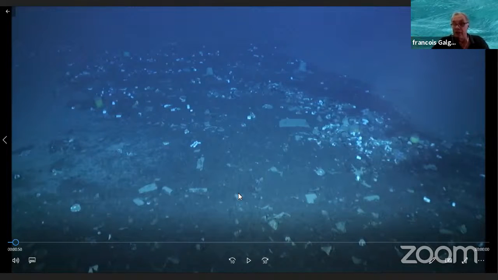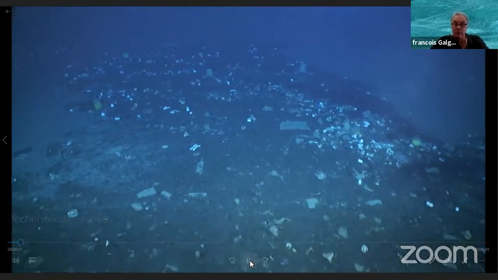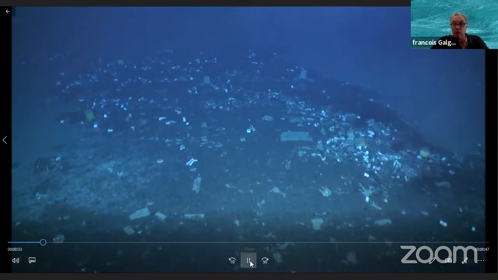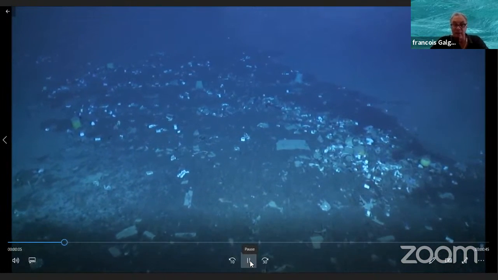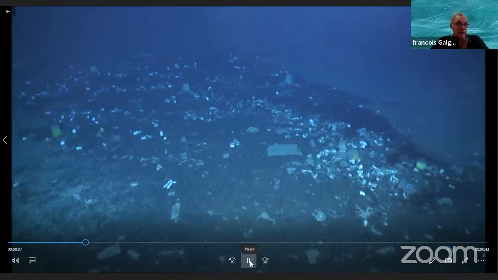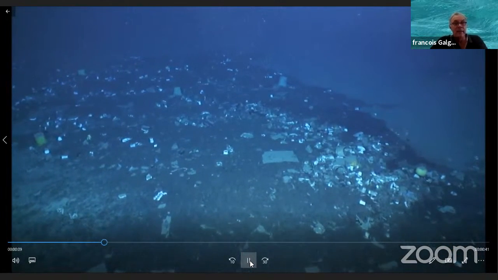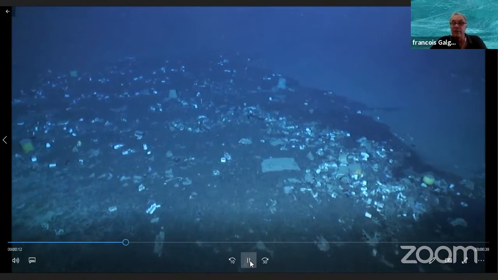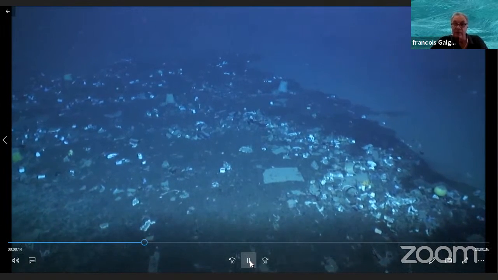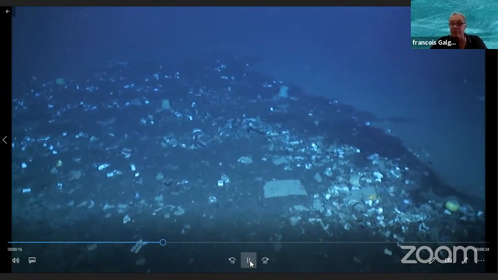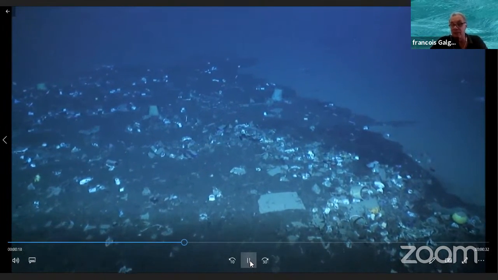It's not a large amount. But each time you have a hole, a wreck, any structure that may retain the litter, then that will be filled. And that's very impressive. So it's not everywhere, but I will say it's common.